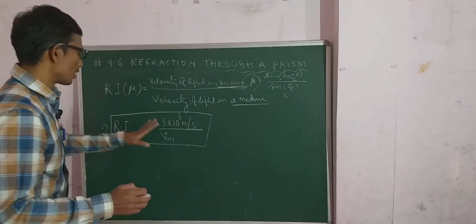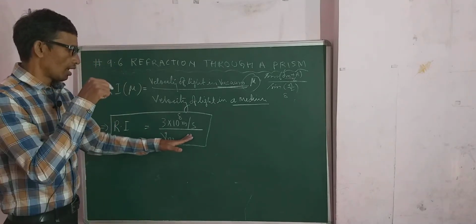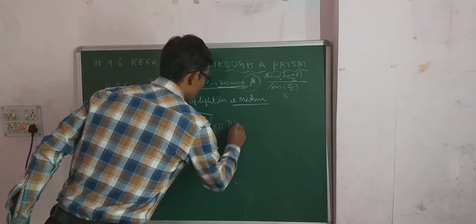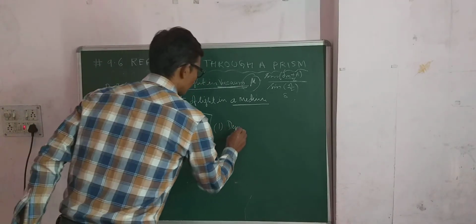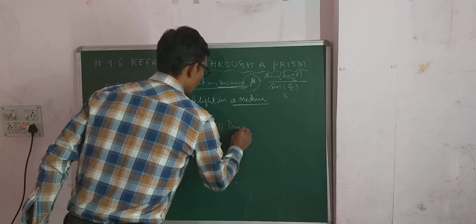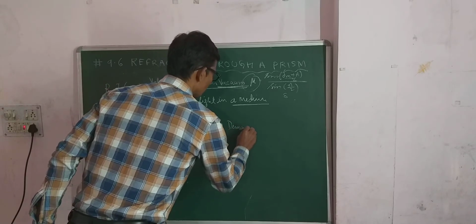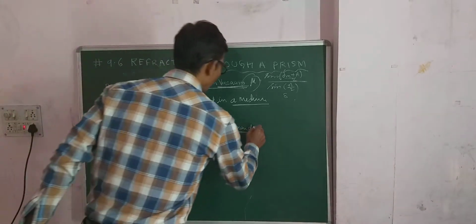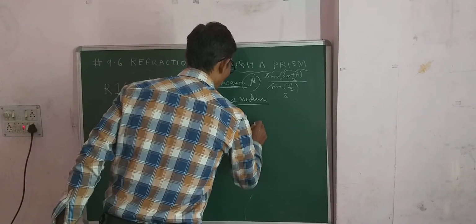So we take the diamond. This is the diamond, and its refractive index.